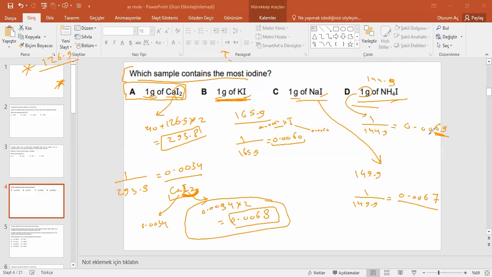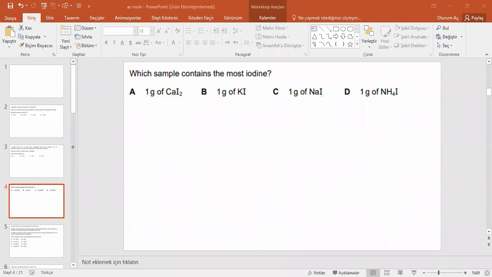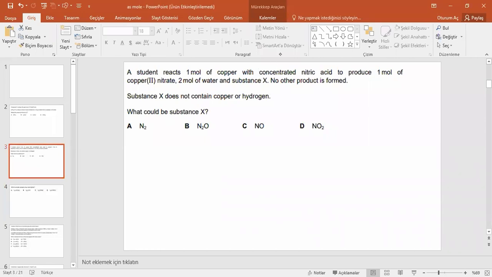So for this reason, guys, the correct answer for question 3 must be D. This one has the largest number. Hope you understand what I'm talking about.